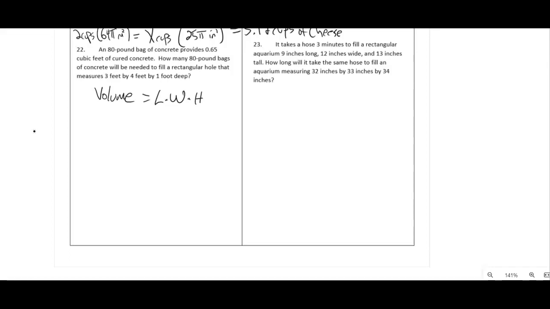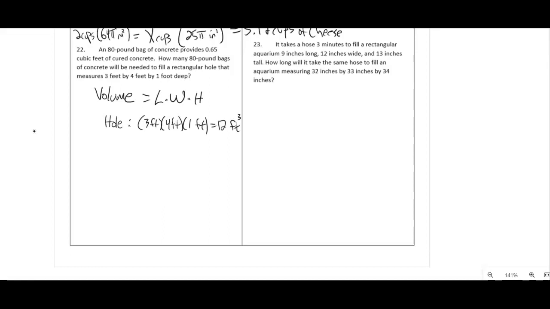So the volume of the hole would be the length, 3 feet, times the width, 4 feet, times the height, 1 foot. And that is 12 cubic feet. That's the size of the hole.